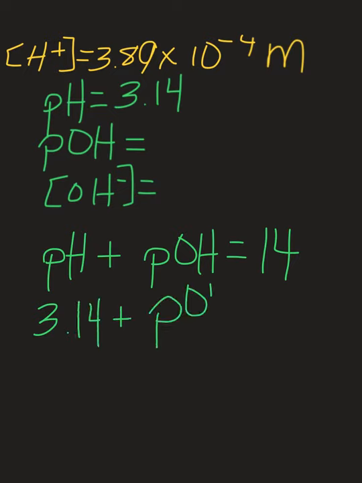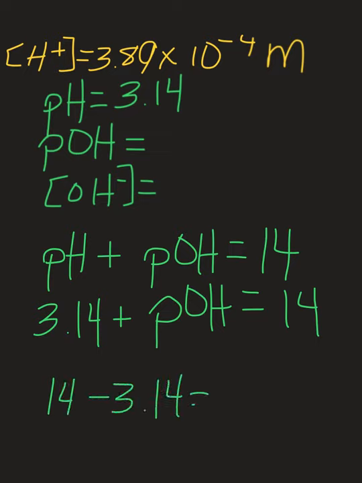What can we add to 3.14 to get 14? How do we figure that out? Subtract. That's all we're going to do. That will give us our pOH. And what do we get when we subtract? 14 minus 3.14.